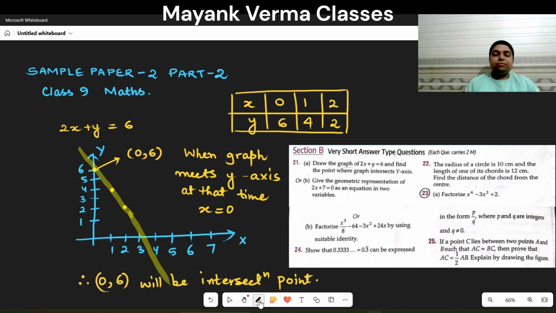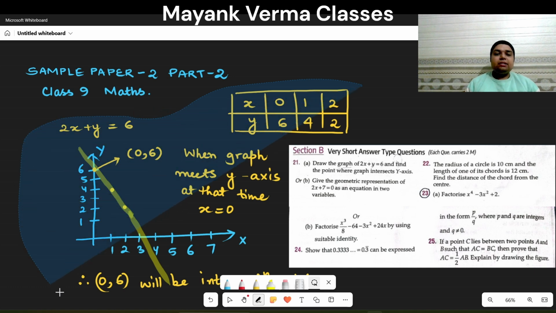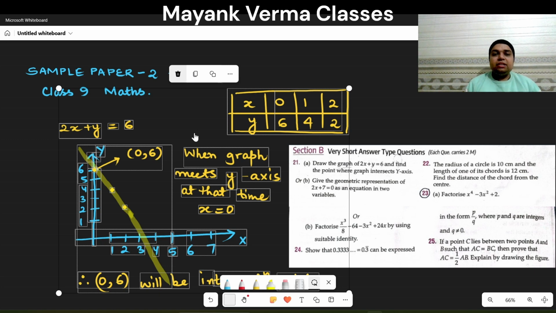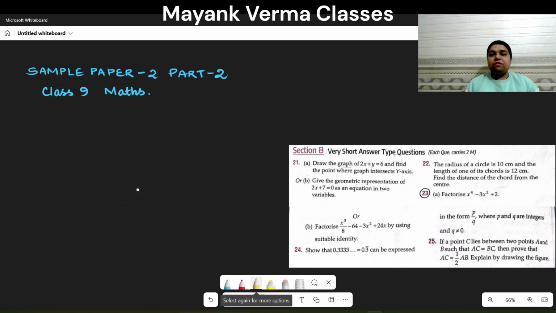In the next question, it again wants us to do something with an equation. The equation is 2x plus 7 is equal to 0. Give the geometric representation of this as an equation in two variables.